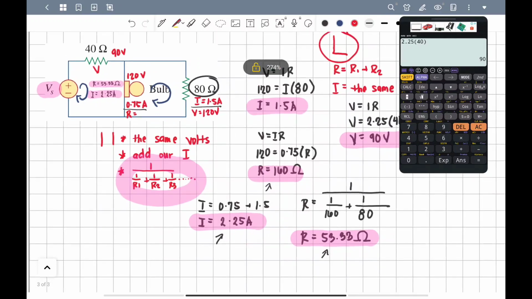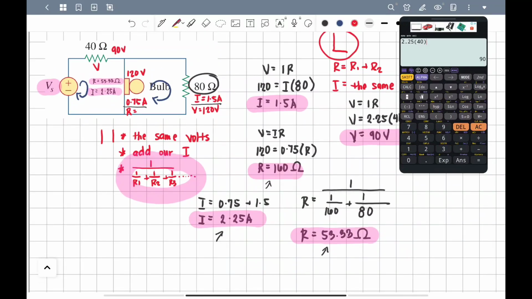So we have here the volt source is equal to the volts in our 40 ohm resistance that is given, 90 volts, and the volts here in our bulb, which is 120, plus 120 volts. So our final answer now, or the volt source now, is equivalent to 210 volts. And that's it for this problem. I hope you understand.